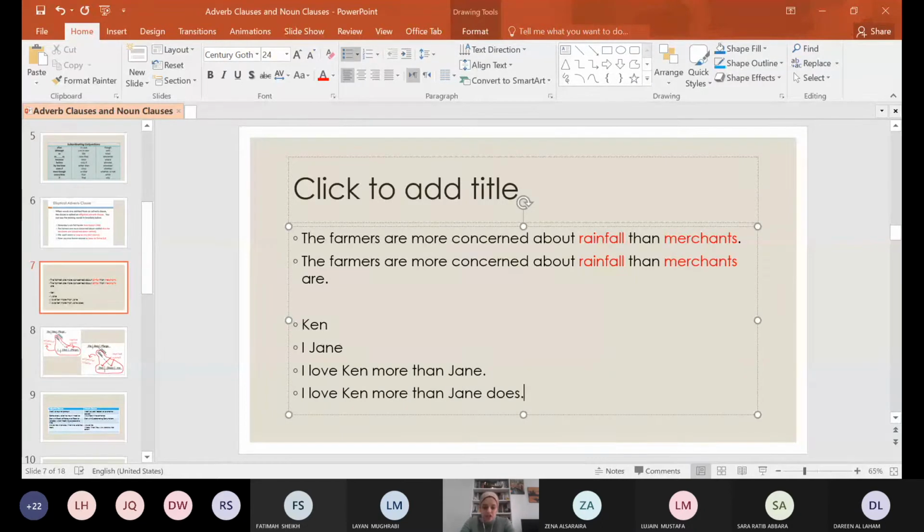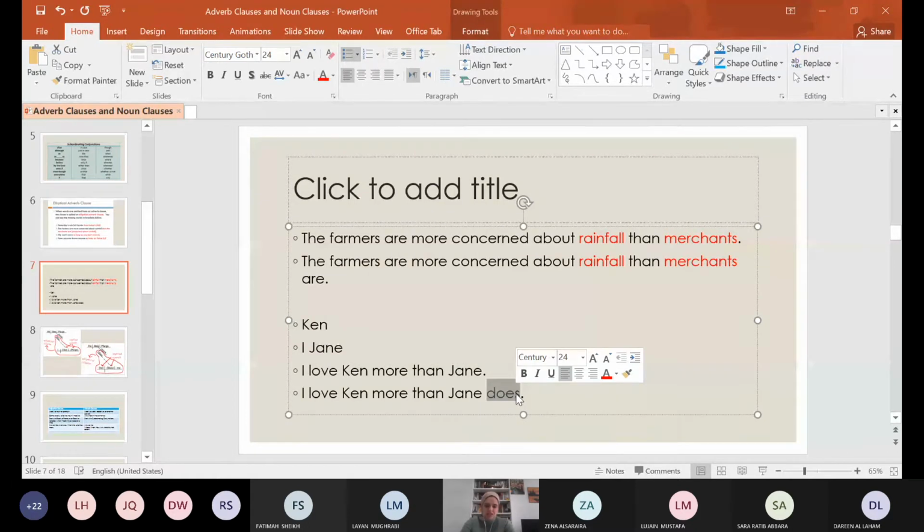Here we have "Jane does." So here it is one sentence: I love Ken more than Jane. But here, Jane also loves Ken, but I love Ken more than Jane does. So when there is the verb, it changes the meaning.